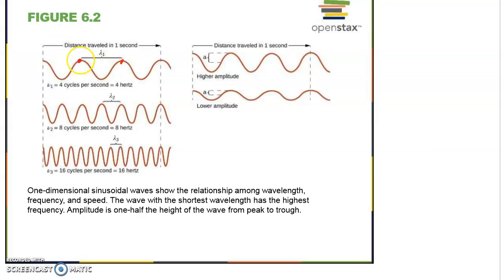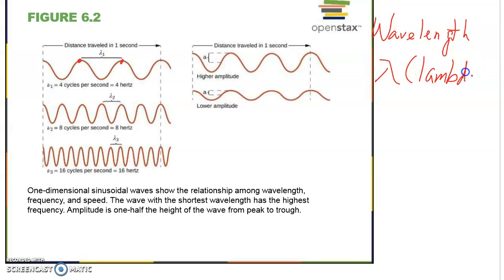The length between one point to the other repeatable point of a wave is called wavelength. And usually we use a letter called lambda to represent wavelength. So it is pronounced lambda.